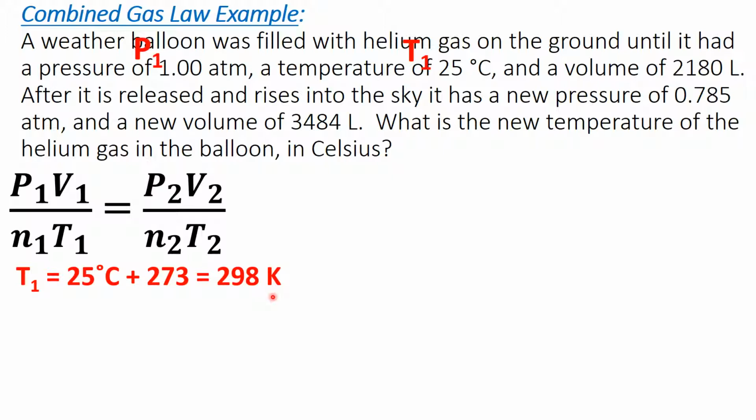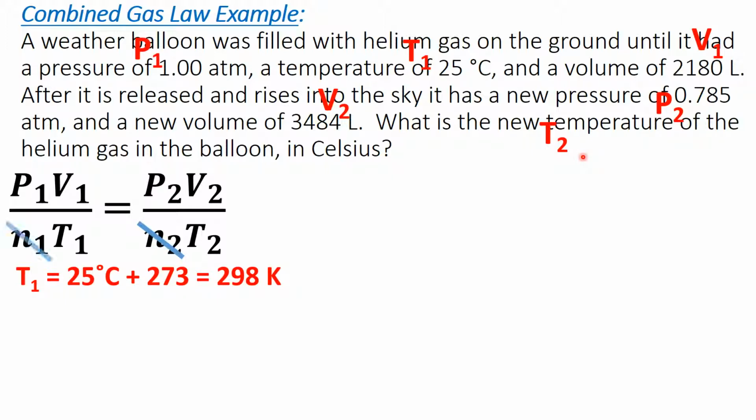So we have to add 273. We have V1 over here is our initial volume. Our final pressure, once it's up in the air, is P2. And our final volume is V2. And they're asking us for the final temperature, which is T2. So this is our unknown that we're solving for.